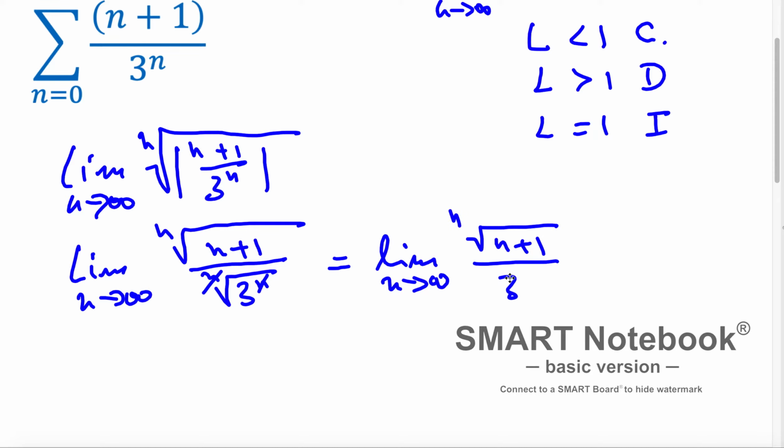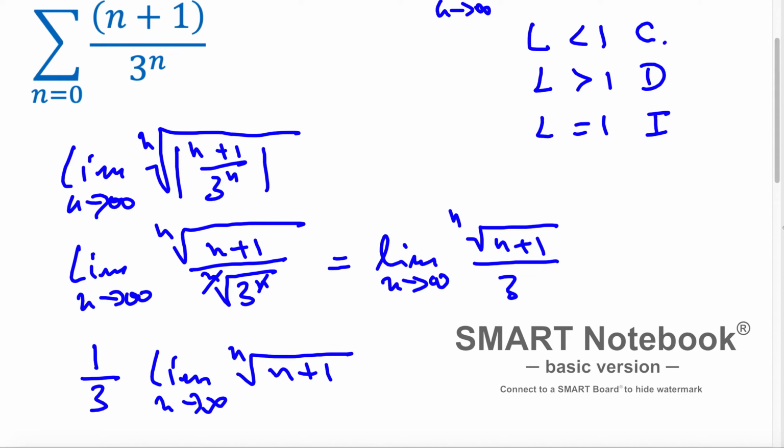And this 1/3 we can factor out. We can write 1/3 times the limit as n goes to infinity of the nth root of n plus 1.